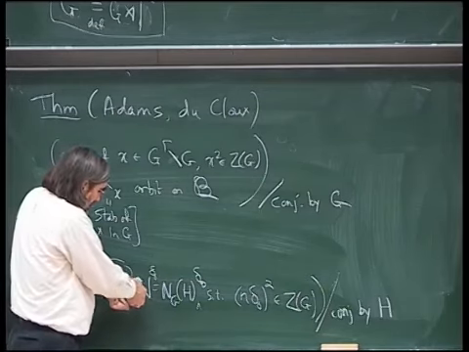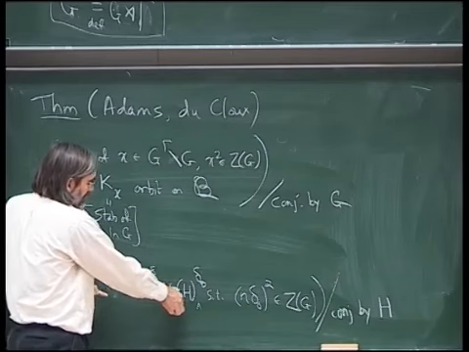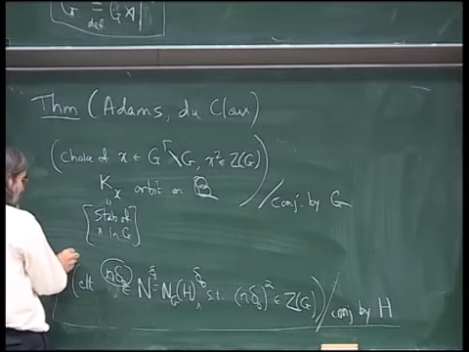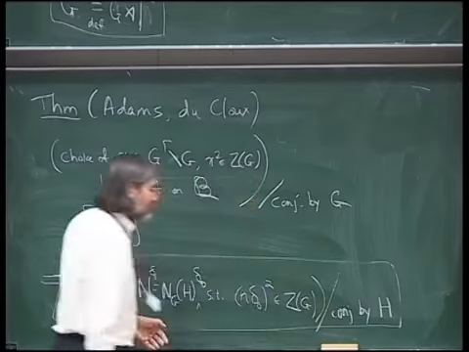So it's just this coset of the normalizer and everything up to conjugation by H.